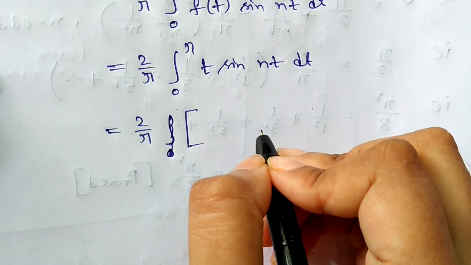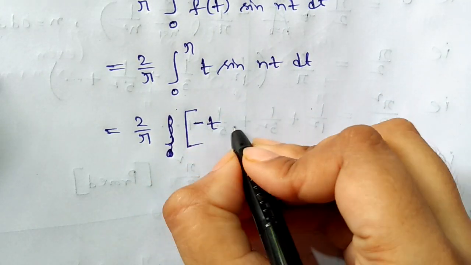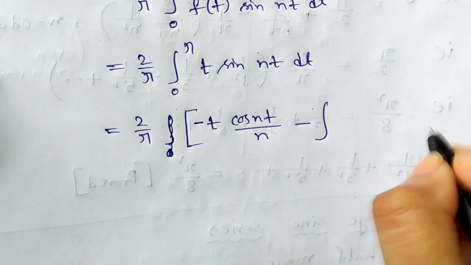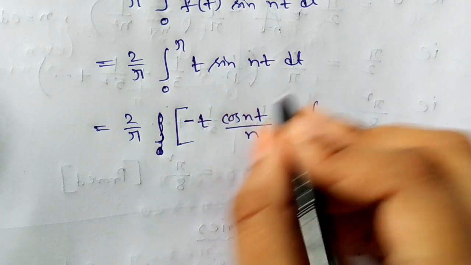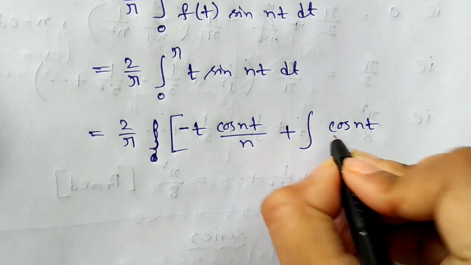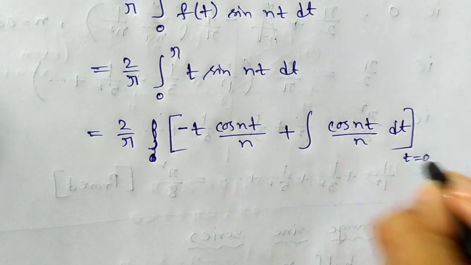Now use integration by parts: t times minus cos nt by n, minus integration of the derivative of t, which is 1, and again the integration of sin nt, that is minus, so plus cos nt by n dt, t equal to 0 to pi.